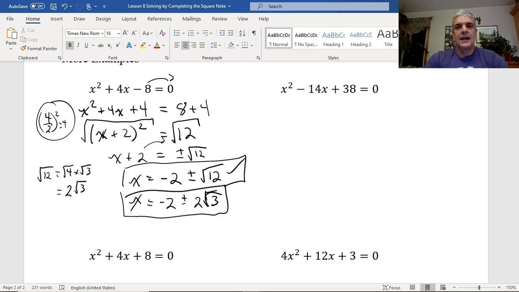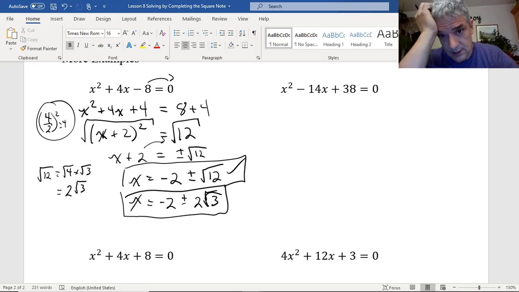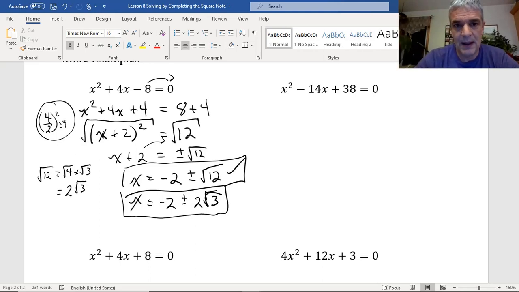All right, let's try another one that's a little bit trickier over here where the numbers are getting a little bit bigger, okay? And we're going to see some issues with respect to this, okay? So in this particular case, I'm going to say factors of 38 that add to 14.